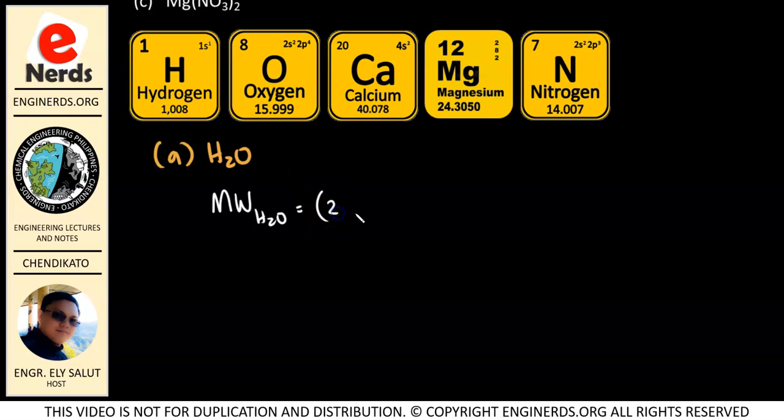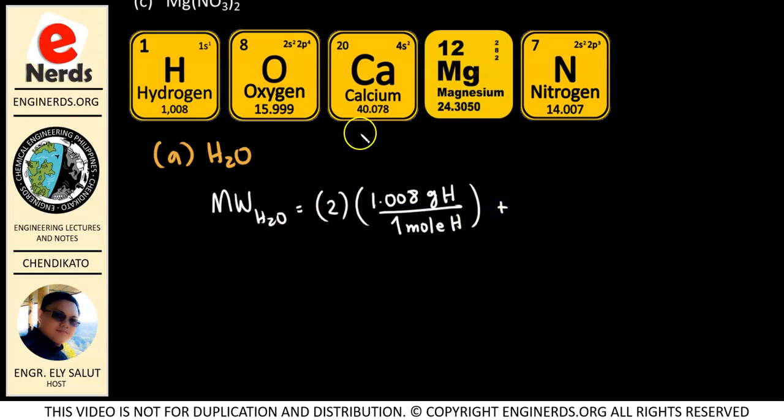So, we have 2 atoms of hydrogen, and then we're going to multiply that dito sa ating atomic weight ng hydrogen, which is 1.008. Okay, so 1.008 grams of hydrogen for every 1 mole of hydrogen. Okay, yan yung in-explain ko nakaraan sa ating video about atomic weight.